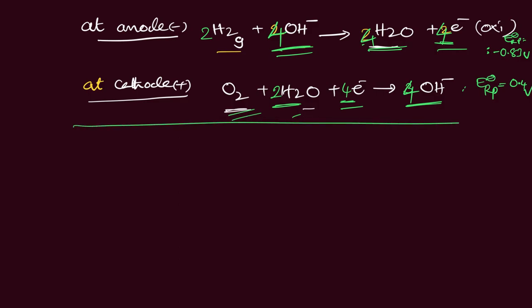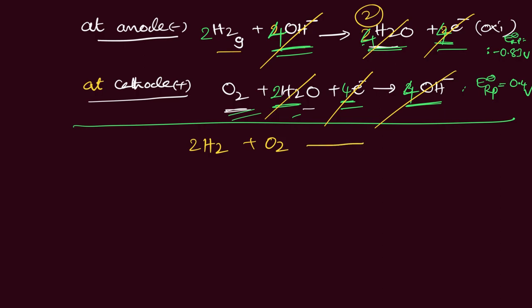Now the net reaction of the fuel cell. Observe what is happening here. The 4 electrons cancel, 2 H2O cancel, 2 left, 4 OH minus and 4 OH minus cancel. What is present now? 2 hydrogen plus oxygen, which is converted into 2 H2O.